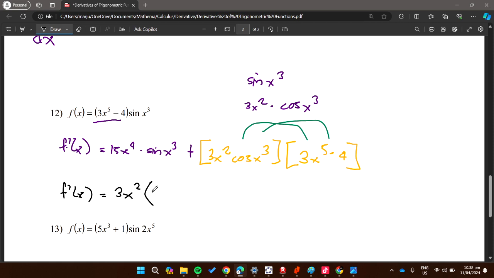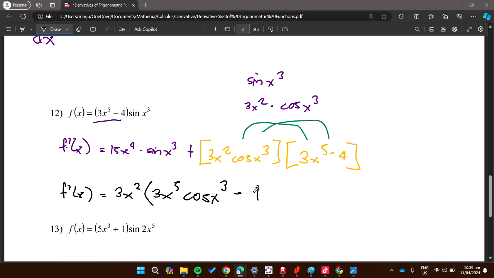Alright. So, ito yung final answer ko. And then, I want us 3x to the 5th power cos x cube. Yeah. Cos x cube minus that one. 4 cosine. Alright.